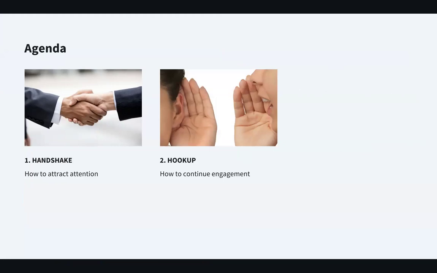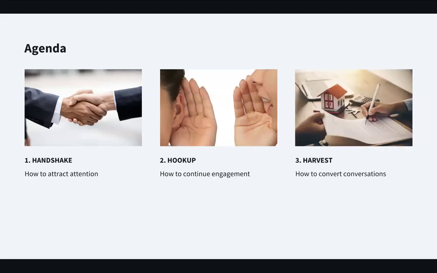That means how to continue the engagement from social to digital, from digital to social. And then the last part is harvest, how to convert conversations. Because it makes no sense to post on LinkedIn if you don't have anything from it. And it makes no sense to have a wonderful website with a blog where the last episode was 2019 and nothing comes from that. So we need to bring it all together.